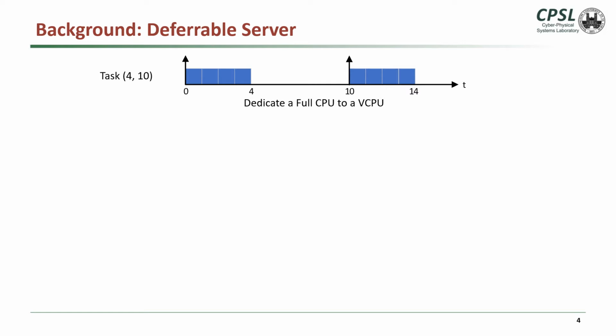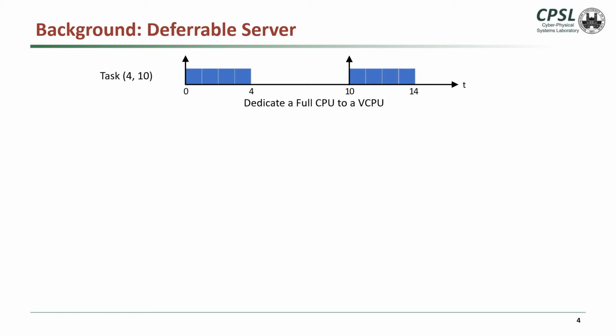Let me give you an example to introduce what a deferrable server is. Think about a periodic task running on a vCPU, and that vCPU occupies the full CPU. It's as if you were running that task directly on a physical CPU.